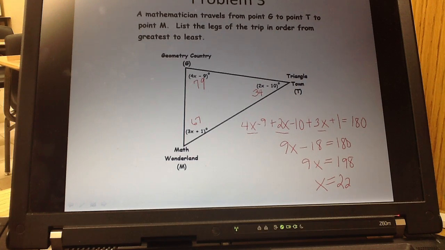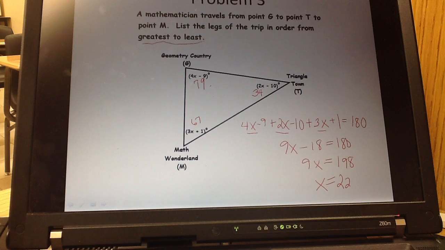Okay, so you know from the triangle inequality that the longest side is opposite the largest angle, and the smallest side is opposite the smallest angle. So remember what I said about reading the problem on the quiz. It says greatest to least.